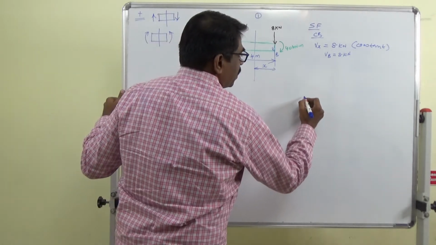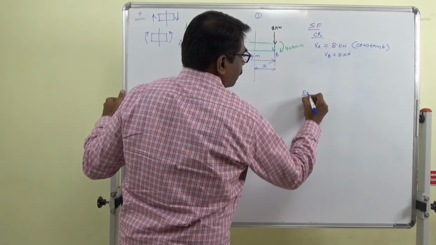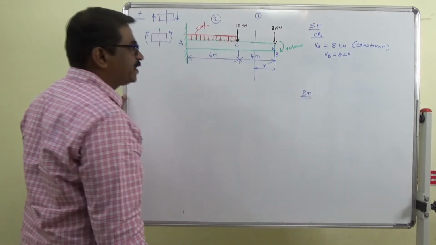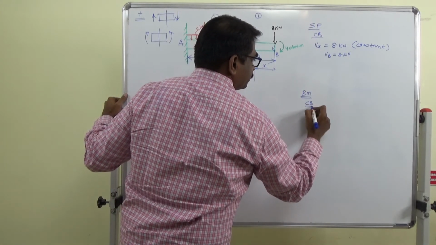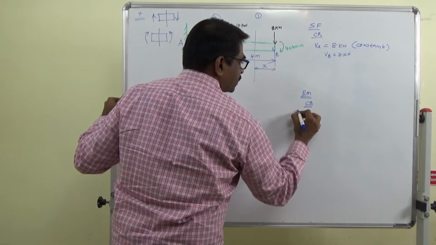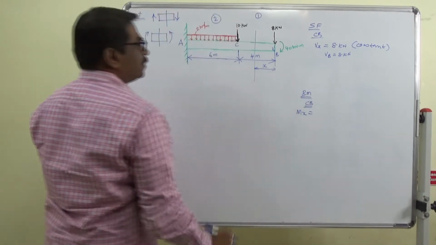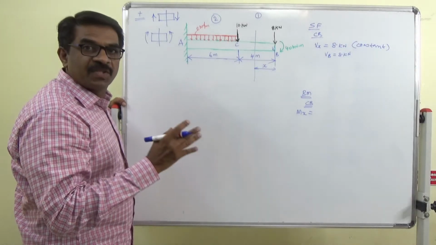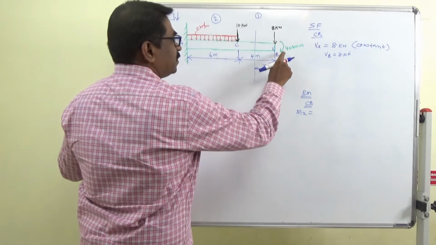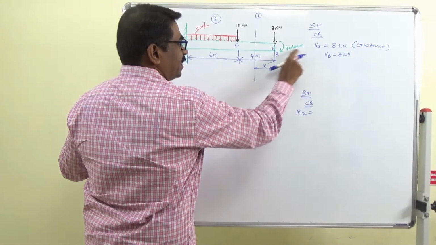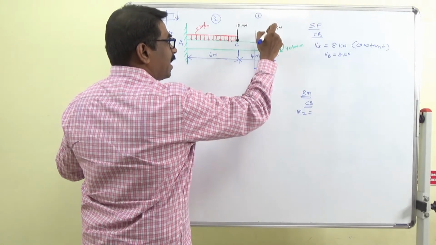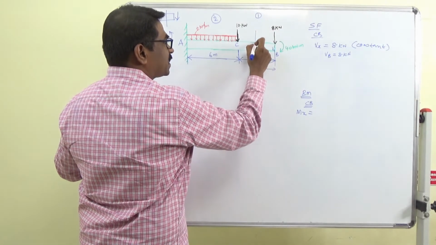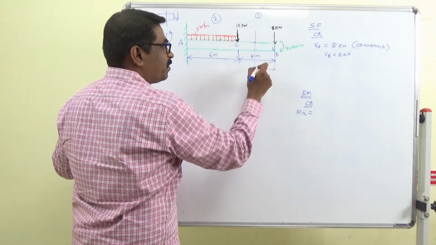So now the bending moment, parallelly we will find for the CB segment, Mx. How many moments are there? 40 kilonewton meter, it's a couple, and then the 8 kilonewton about the section will produce a moment.